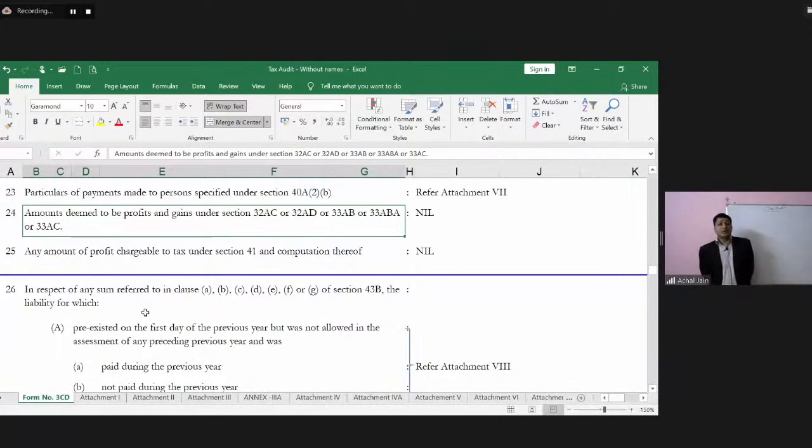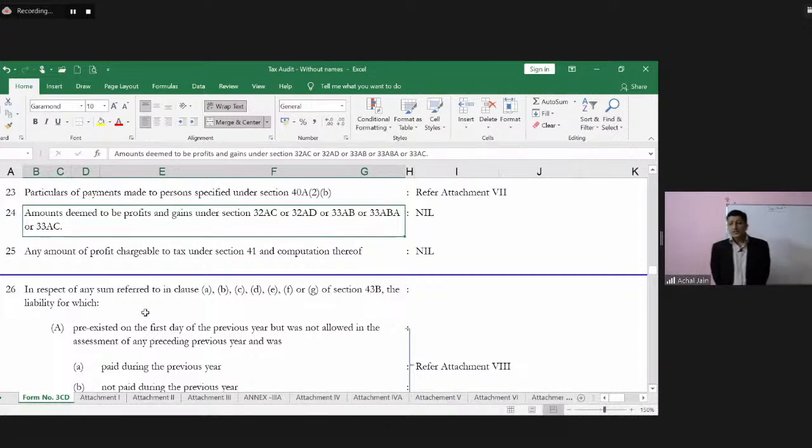If there are any amounts which are deemed to be profits and gains under section 32AC, 32AD, 33AB, or for this matter, such sections under the Income Tax Act, those are required to be captured over here.